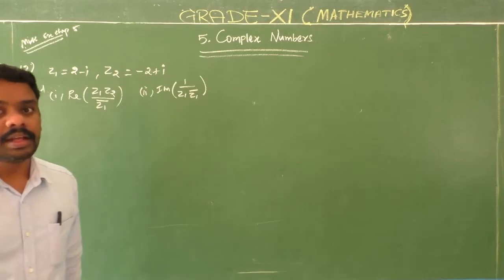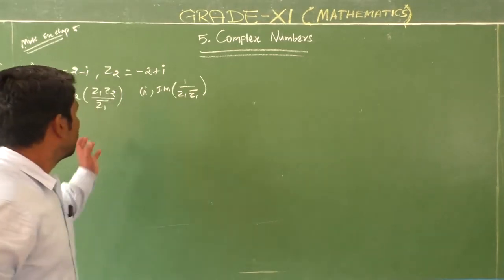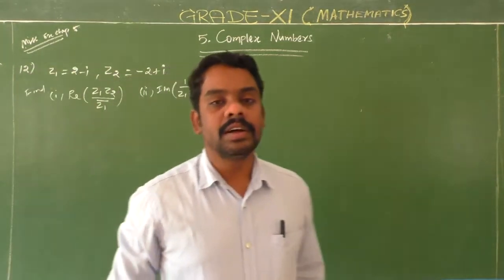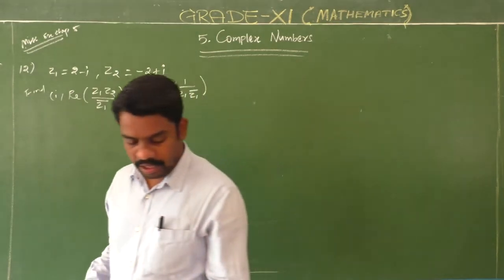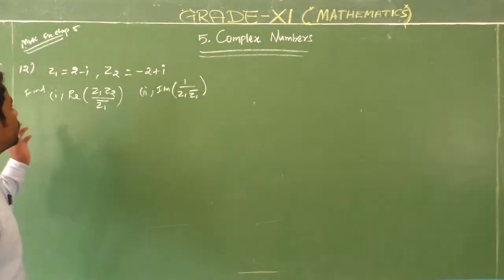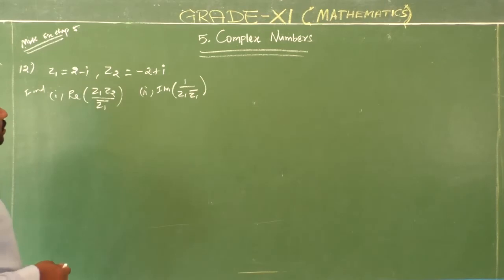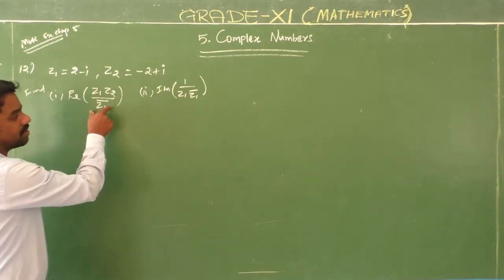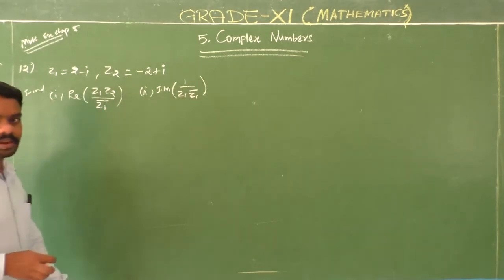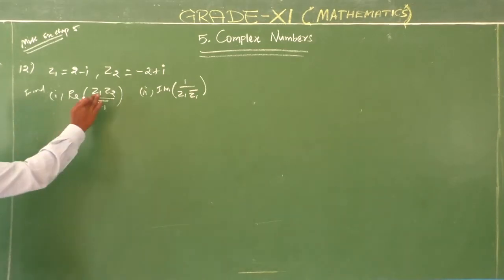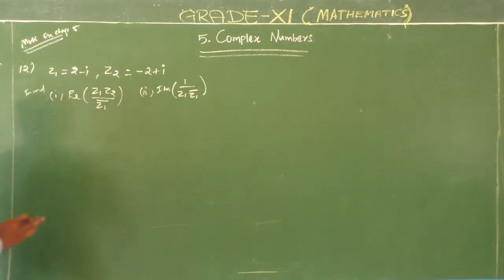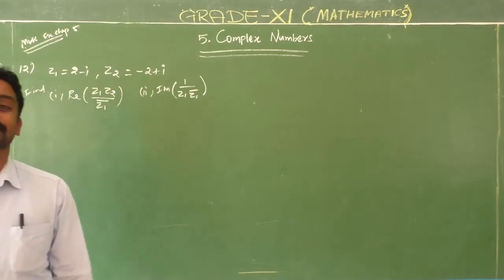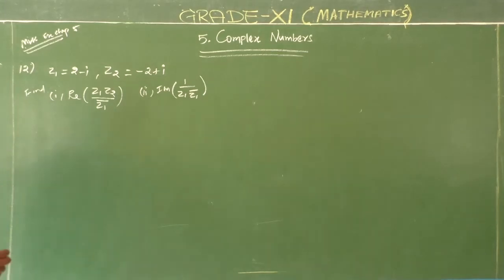Given two complex numbers, 2 minus i and minus 2 plus i, we need the real part of one complex number and the imaginary part of another. First of all, find Z1 into Z2 divided by Z1 bar.